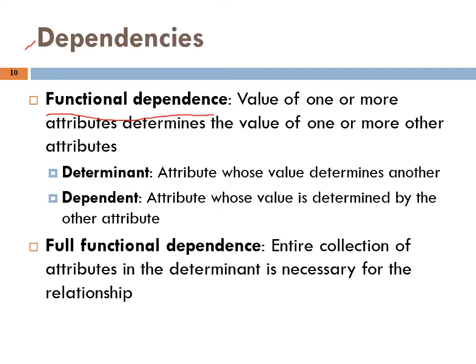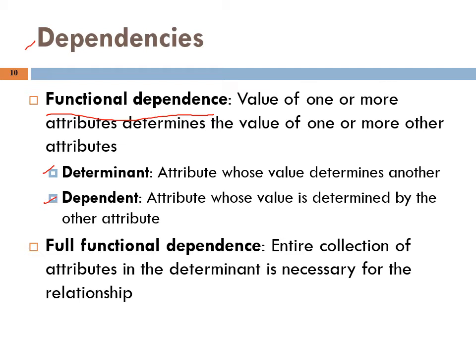Functional dependence is when the value of one or more attributes determines the value of one or more other attributes. So these two keywords: determinant is the attribute whose value determines another, and dependent is the attribute whose value is determined by the other attributes.